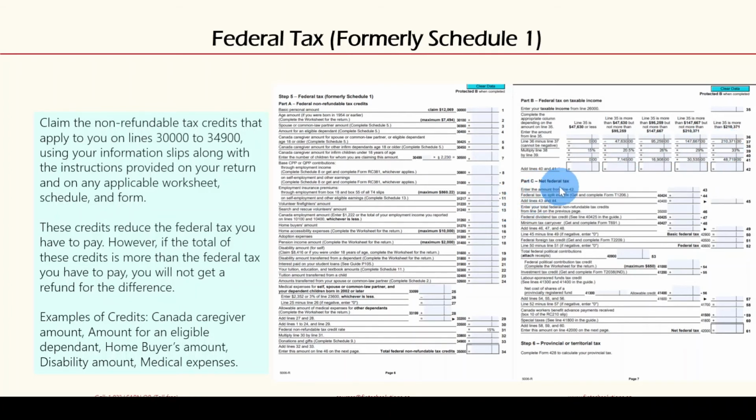And Part C, which is the net federal tax, will be calculated and shown on line 42,000 over here. So examples of credits, that is the main highlight of this particular section, could be Canada caregiver amount, the amount for an eligible dependent, home buyers amount, disability amount, medical expenses, and any of these which are applicable to the taxpayer.